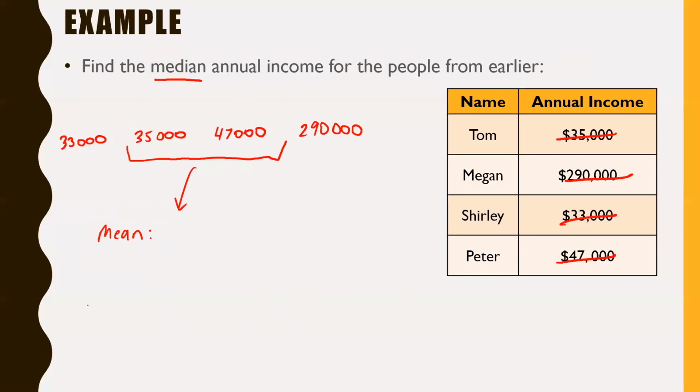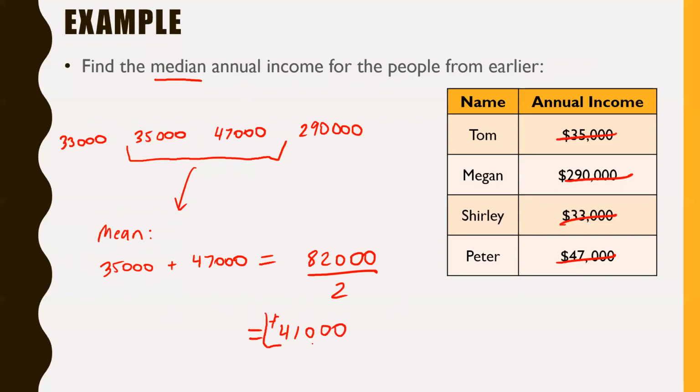So the mean of these 2 middle numbers is going to be 35,000 plus 47,000, which gives us 82,000. But then, of course, we have to divide it by 2 because there's 2 numbers that we're adding together here. So now chop this into 2 pieces, and you're going to find that 82,000 divided by 2 is $41,000.